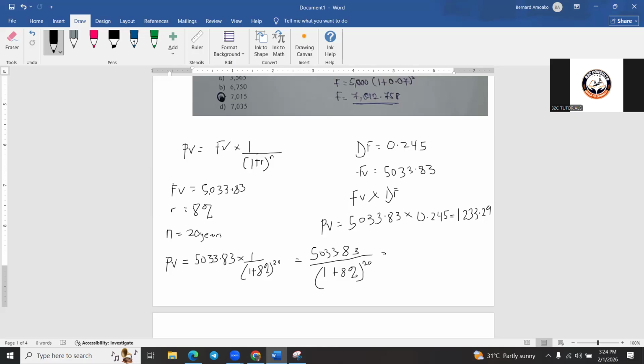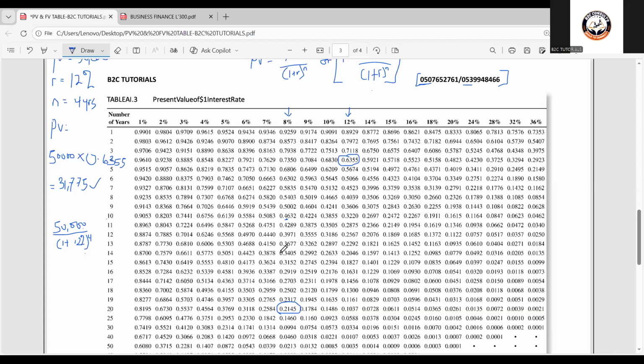a minute whilst I do that on the calculator. So that is 1 plus 8% raised to the power 20.